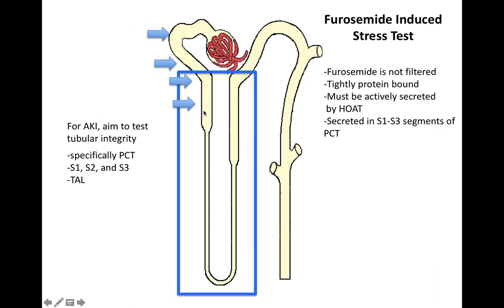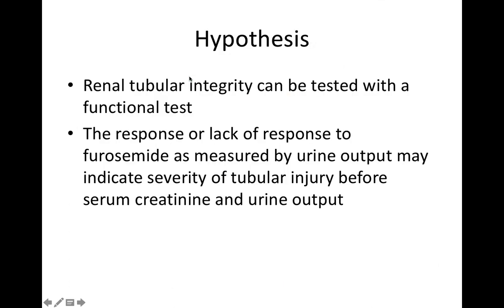If the proximal tubule is injured, it won't be able to move the furosemide across, whereas if it's relatively intact, independent of the urine output, this might be a nice way to look at this.